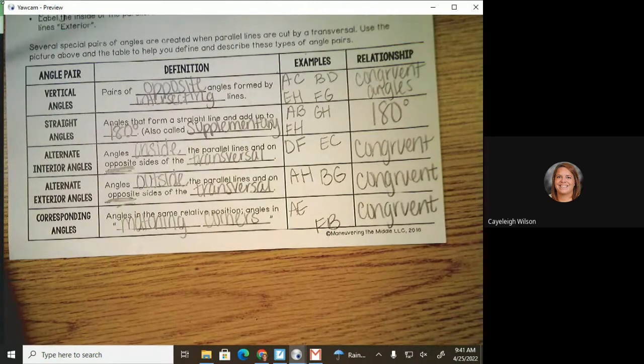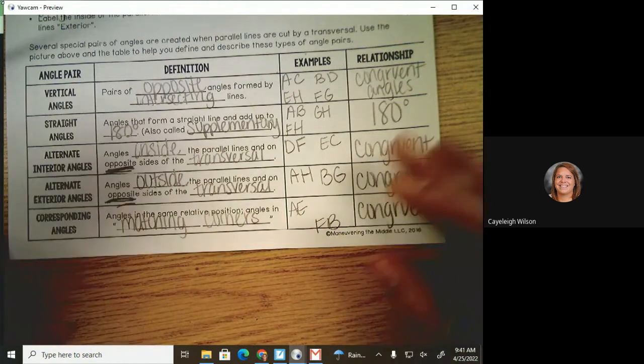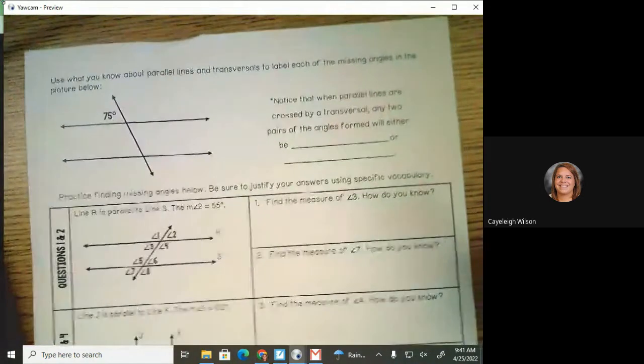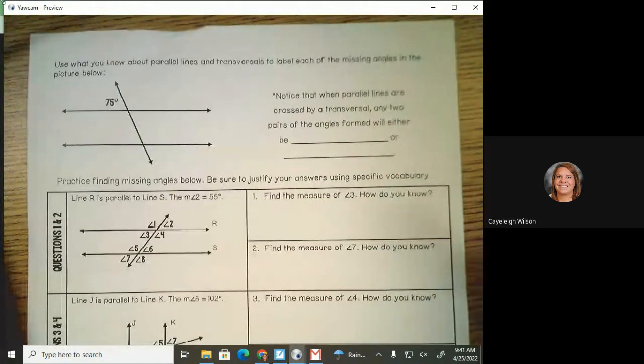All right, so we're going to apply these 5 angles to some problems on the back. So we're going to flip back and forth a little bit to kind of refer. All right. So it says, use what you know about parallel lines and transversals to label each of the missing angles in the picture below.